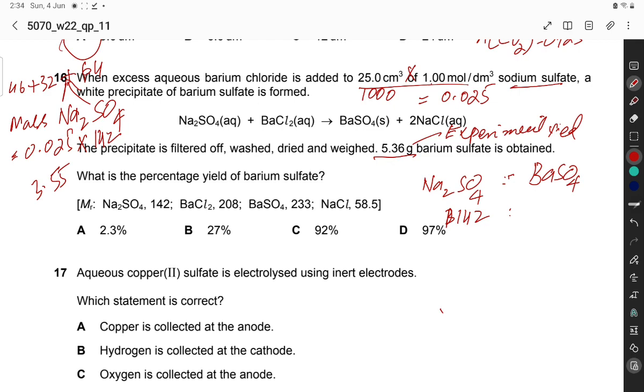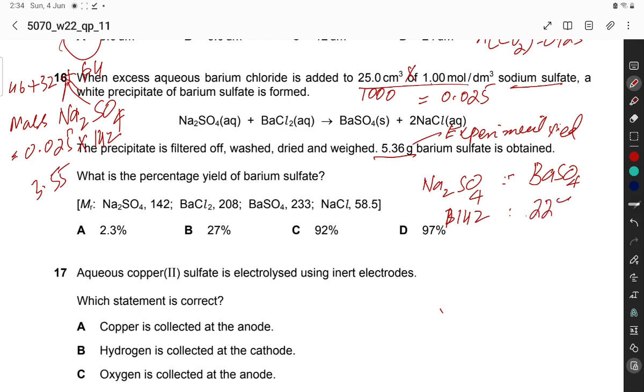Barium is 137 plus 32 plus 64 gram. This is equal to 227 gram.